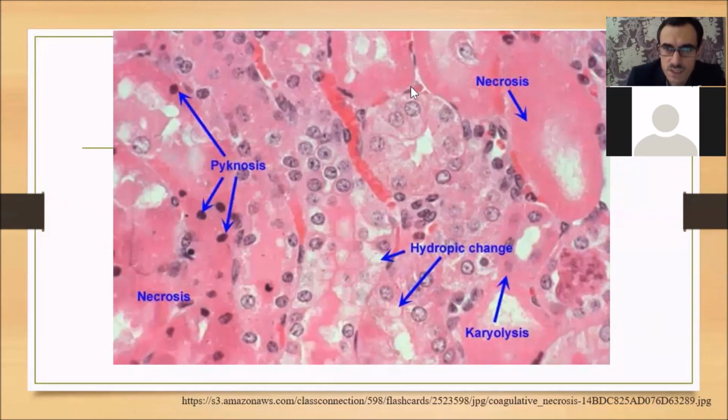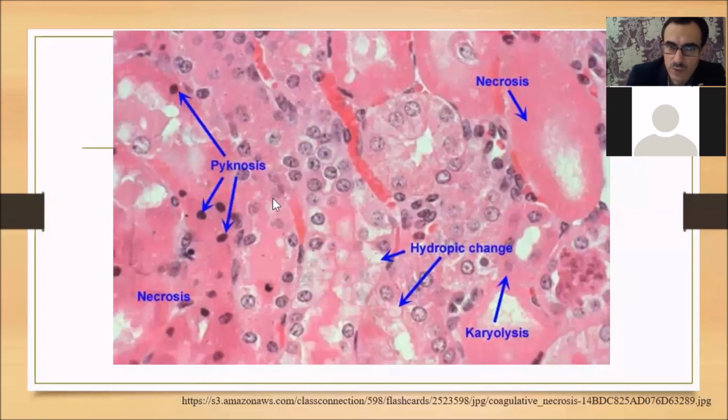Here we see the normal structure of the renal tubules. You see the nucleus, the cell borders, the lumen, with the capillaries around them. This is the normal structure of the epithelial cells of the renal tubules.